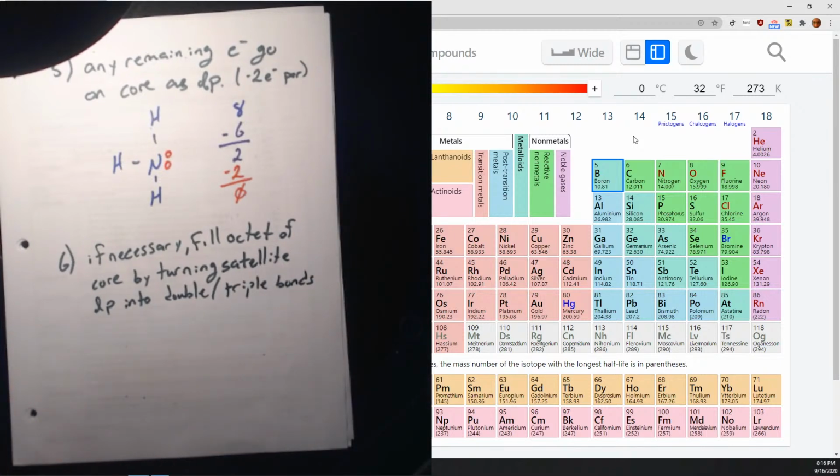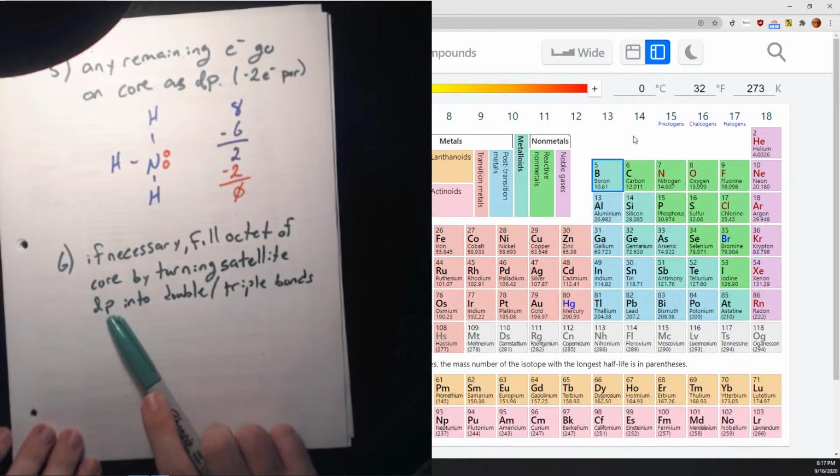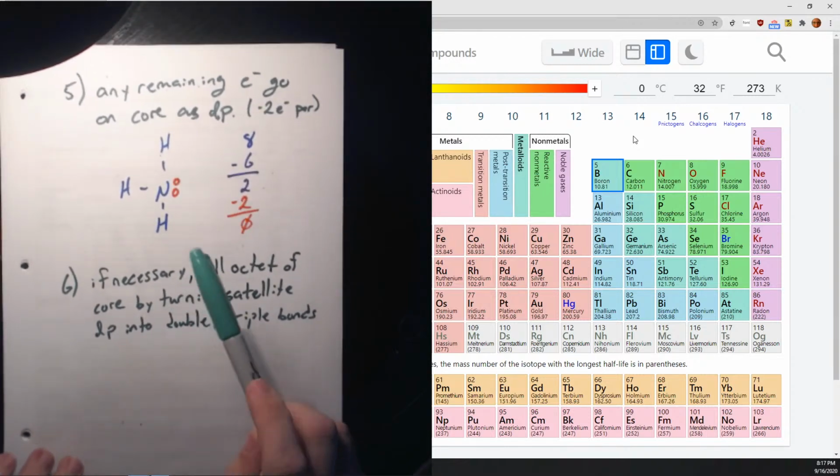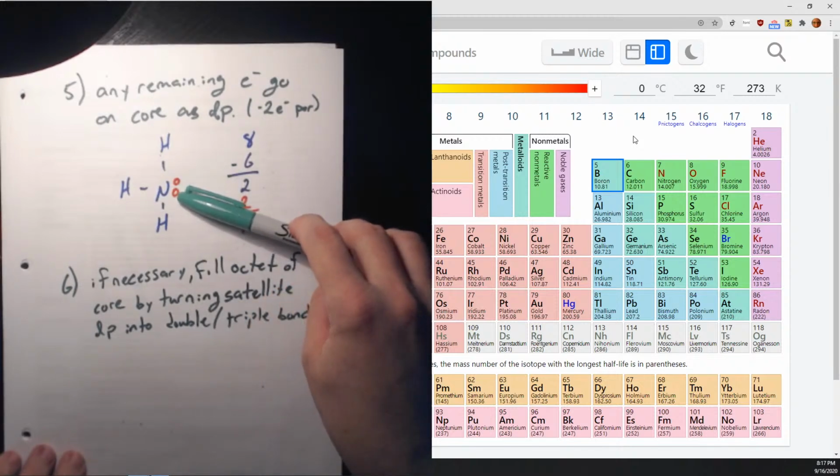If necessary, you fill in the octet of your core atom by turning satellite atom lone pairs from the satellite atoms into double or triple bonds. In this case, that's not necessary because nitrogen already has an octet.